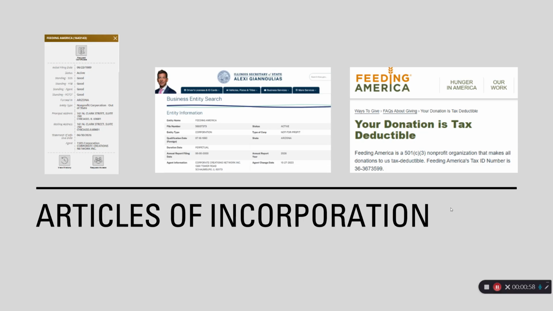So I went to Illinois' Secretary of State website, which provides additional information, such as their file number. This is obtained by doing a business entity search using Feeding America's employer identification number, and this is otherwise known as their federal tax ID.